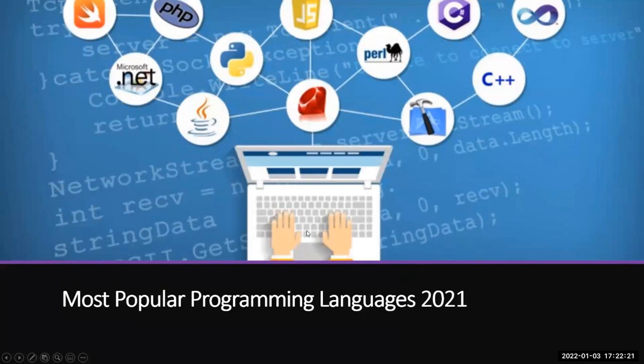Okay, we briefly go over the machine code and assembly code just up to that level. We don't dig any deeper. So right here, you can see the most popular programming languages in the year 2021. We can see that there are some desktop programming languages such as C++, and also Java, also Python. These are the main desktop languages.